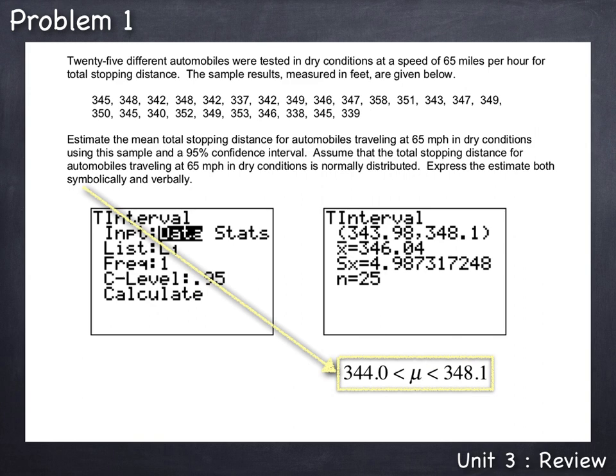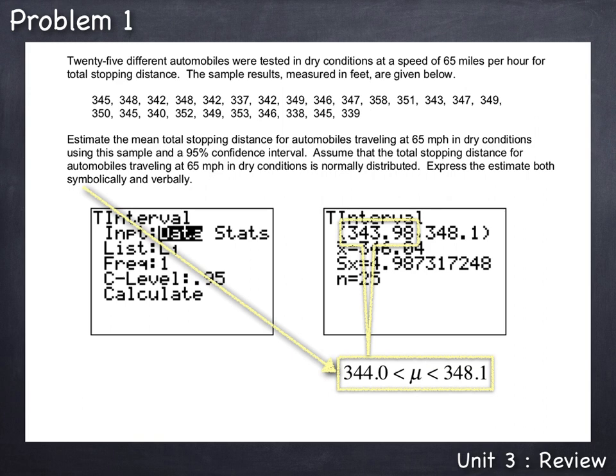Here, the calculator gives us the lower limit, L, as 343.98. We could leave the answer as 343.98, but if you want to round off the result, make sure you round off carrying at least one extra decimal place than the data has in order to reduce our round off error. Since our stopping distances were all measured to the nearest whole foot, we're going to estimate carrying to the nearest tenth of a foot.